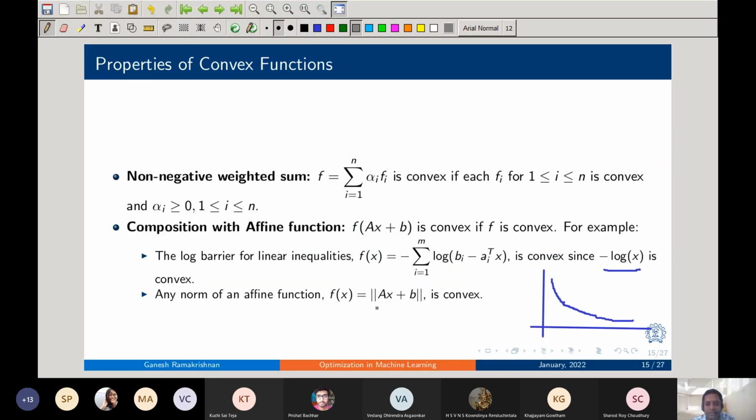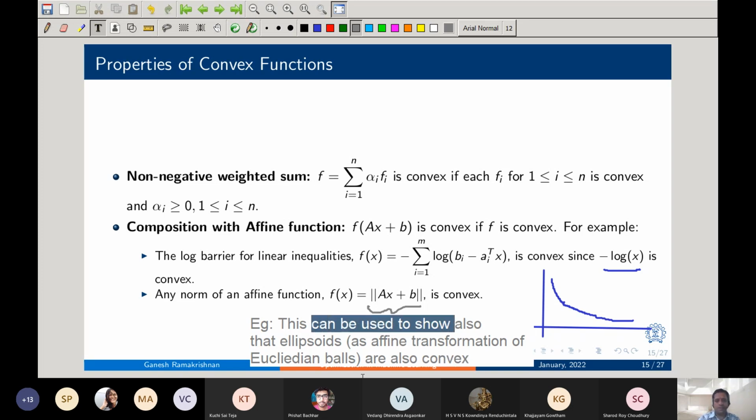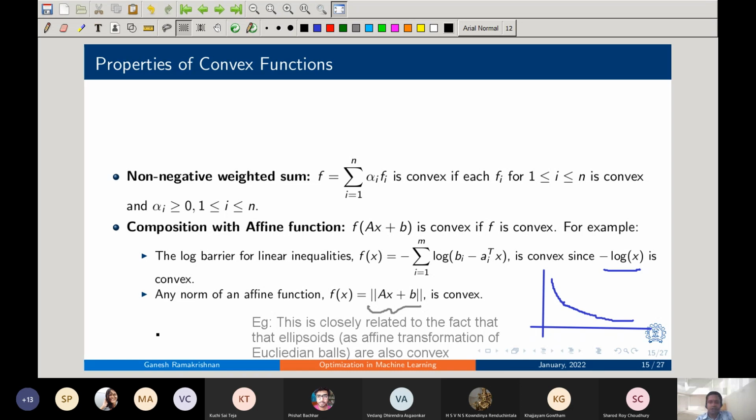We showed that the ellipsoid was obtained as an affine transformation of the Euclidean ball. So you can hopefully start seeing connections between what we have discussed for sets and how they generalize to functions.